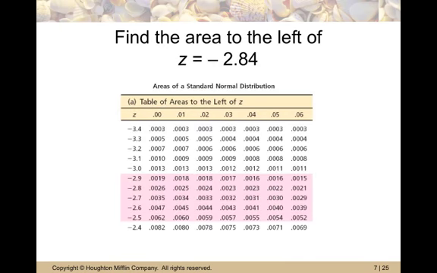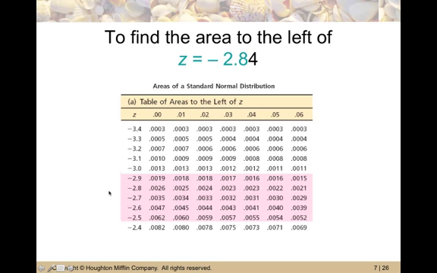Let's find the area to the left of z equals negative 2.84. You would make sure you are in the negative portion of the table, which we are right here. First thing you do is you find the row associated with negative 2.8. Okay, so you focus on the negative 2.8, you find that row right here, and then once you know which row, you focus on the hundredths digit and find the appropriate column that goes with that.